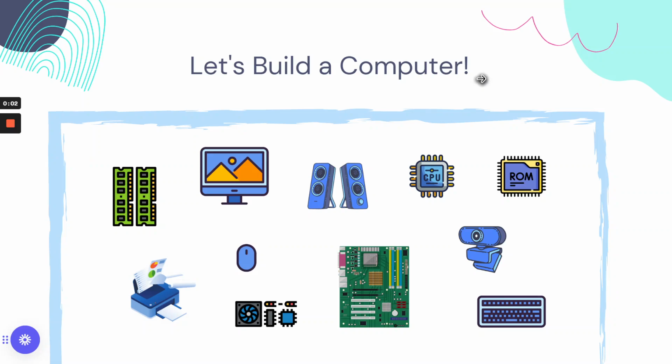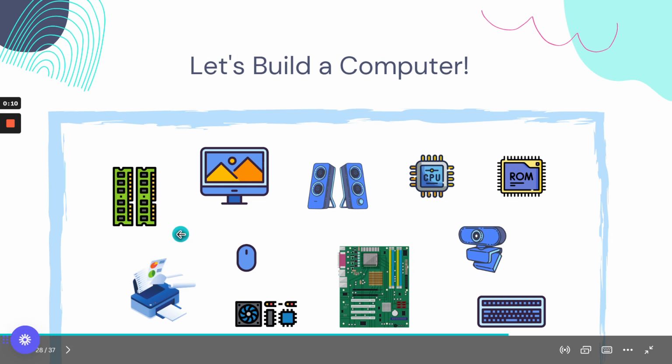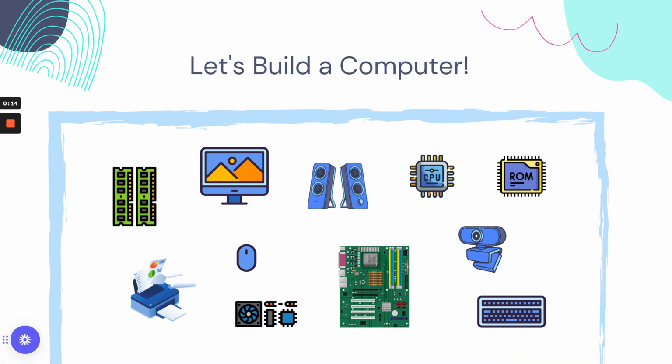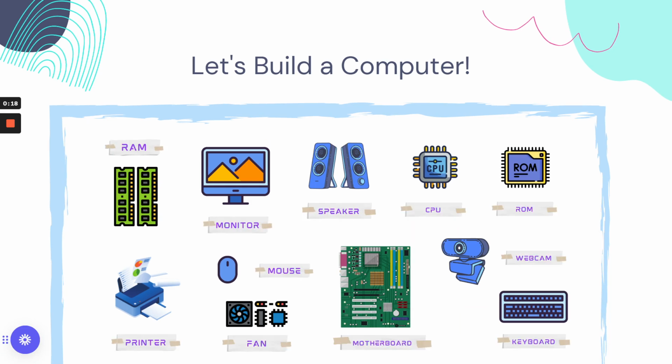Welcome back. I hope you had a fun time labeling each of the components of a computer system listed on my whiteboard. Let's go ahead and discuss what each of these are and label them. Here, the first image or icon is that of a random access memory chip.